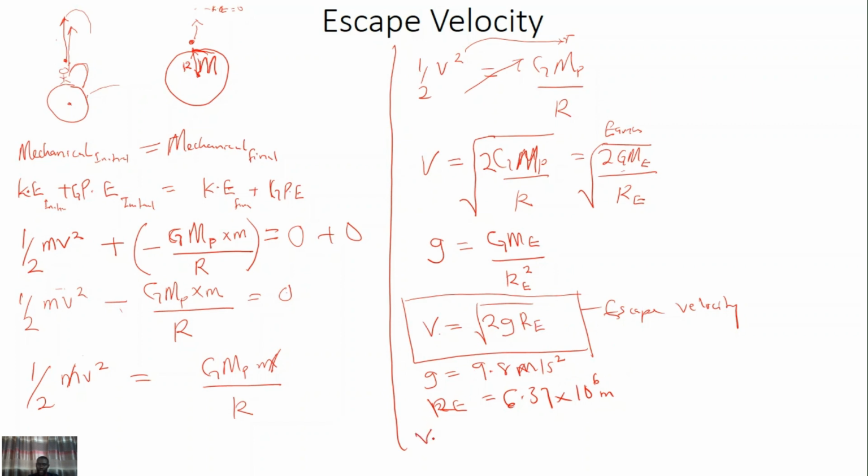So v, the escape velocity for the Earth, will be equal to the square root of 2 times 9.8 times 6.37 times 10 raised to power 6. Let's find the square root of this.